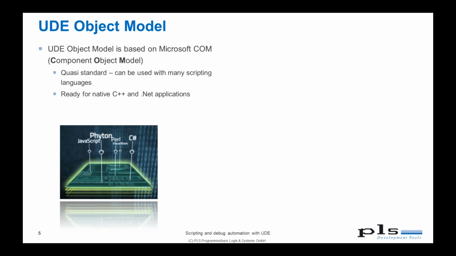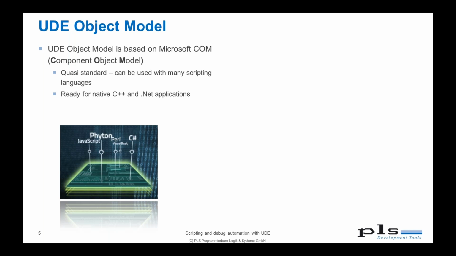The advantage is that native C++ and .NET applications can also be used together with the COM from Microsoft, so complete applications can be developed communicating, for example, with UDE.